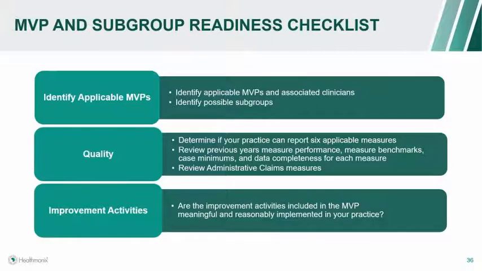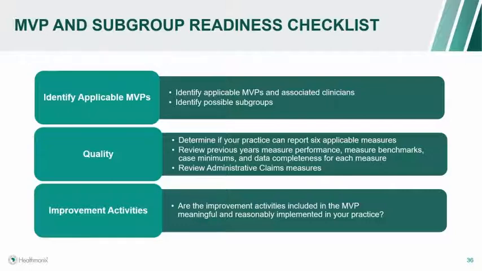For quality, determine if your practice can report 6 applicable measures, and then review previous year's measures, or if you're reporting in 2022, review the current year as well. Review the performance, the measure benchmarks, how close you are to meeting the case minimums, and then the data completeness for each measure.